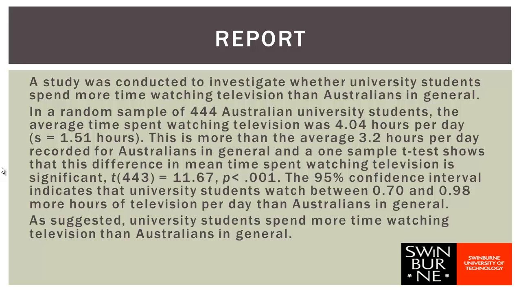We then report the 95% confidence interval. The 95% confidence interval indicates that university students watch between 0.70 and 0.98 more hours of television per day than Australians in general. And then finally, we finish with a conclusion that relates back to our original hypothesis. As suggested, university students spend more time watching television than Australians in general.